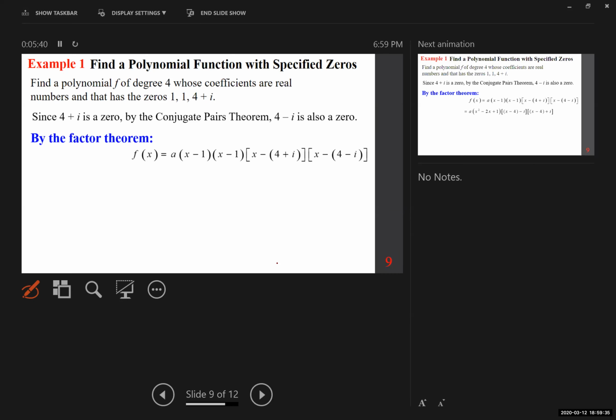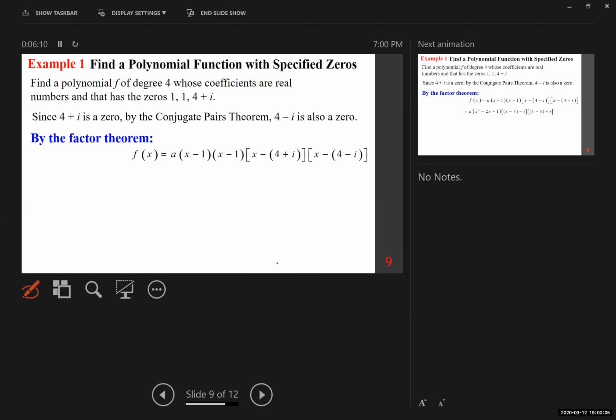So even if you don't write a, I'm okay with that, because the question says find a polynomial. Either put a or just don't put any number. But put 10 or 1/2 or 10,000 or -8, same answer.